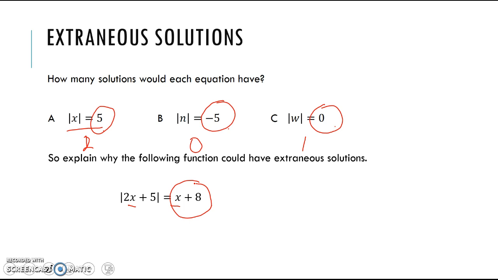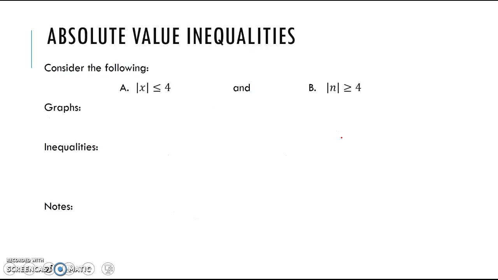And so if it's a negative number, then we have a situation like this where there's no solutions, and both would be extraneous. And then sometimes it would be equal to 0, and if that's the case, we have 1 solution. So sometimes we have 2, sometimes we have 0, and sometimes we have 1 solution. Those are the different possibilities that can come up when you're solving an absolute value equation.